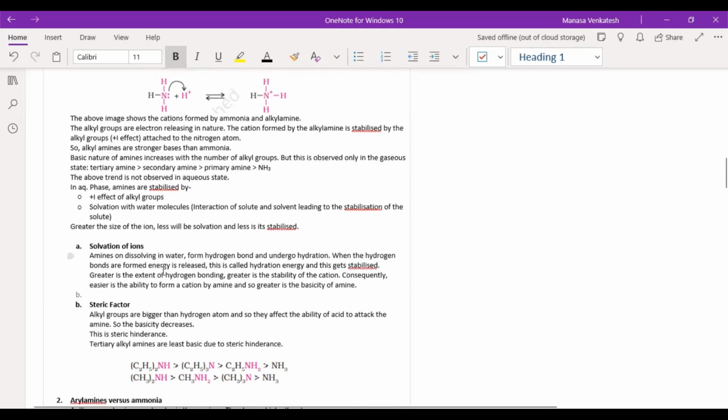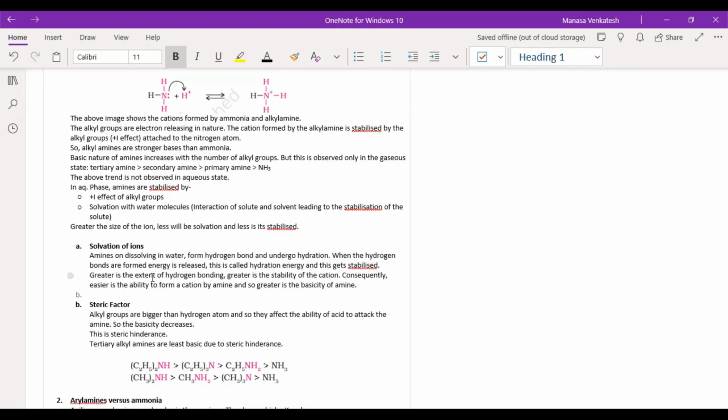So let's talk about solvation again in detail. Amines, as we know, when they dissolve in water, tend to form hydrogen bonds because of the electronegativity of the nitrogen atom. They form a hydrogen bond with the water molecules. Now, there is some amount of energy which is released during the formation of a hydrogen bond, and this is called the hydration energy. Because of that, the amine is going to get stabilized.